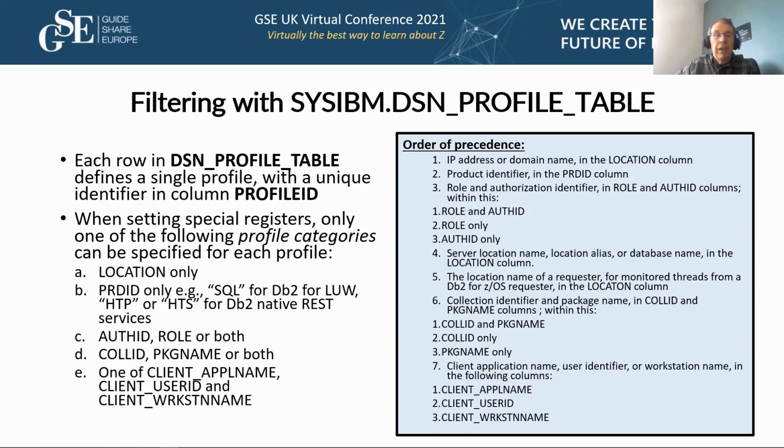And then, in fact, if you've got a server location name, a location alias or database name in the location name, that takes lower precedence than role and auth ID. So you can see that the rules of precedence are quite complex. So you have to be very careful. And then most importantly for this discussion, client application name, user ID, and workstation name take the lowest precedence of all.